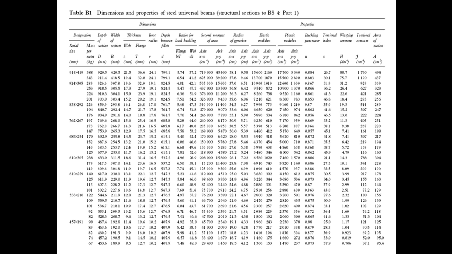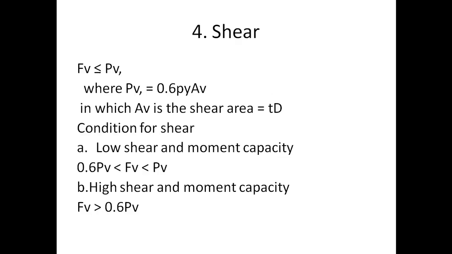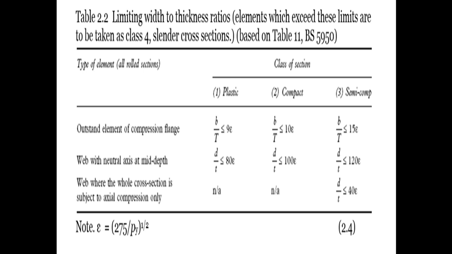That's the depth between the fillets, and our capital T is the thickness of the flange. So you bring these two together. Once your answer is less than this particular value, you can say it's plastic. Between these three, you can pick your specific value, then you calculate and say the section is class 1, class 2, or class 3.